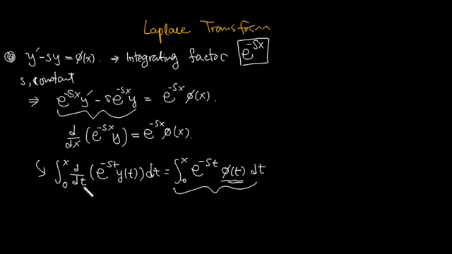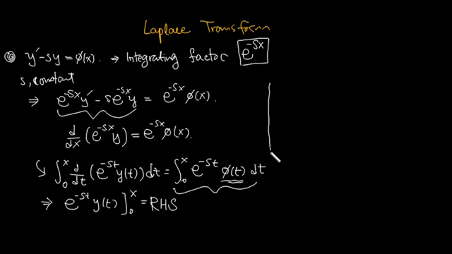But because of the derivative and integration, the left-hand side has a different expression, using the fundamental theorem of calculus, that's an antiderivative of the integrand inside. So here's e to the negative st, y of t evaluated at 0 and x, and that equals the right hand side.